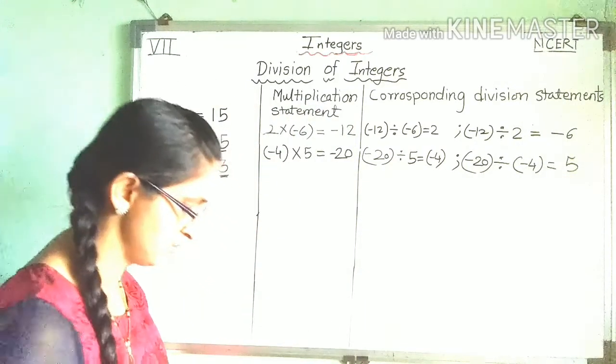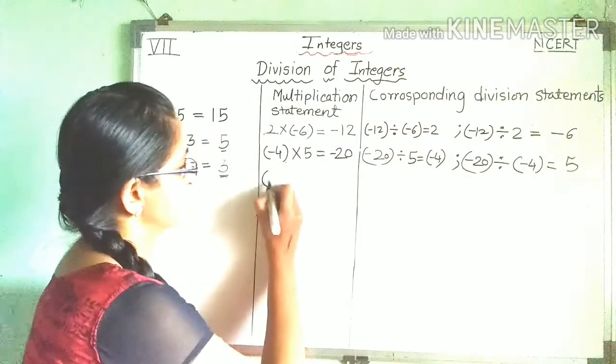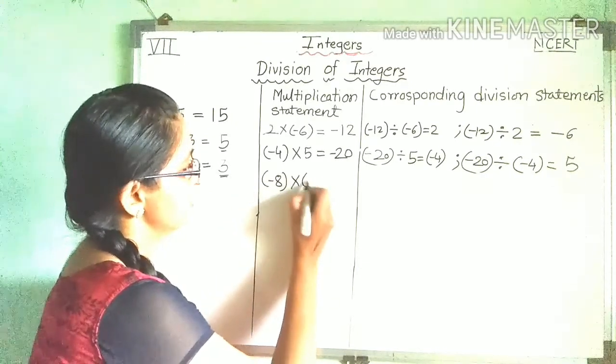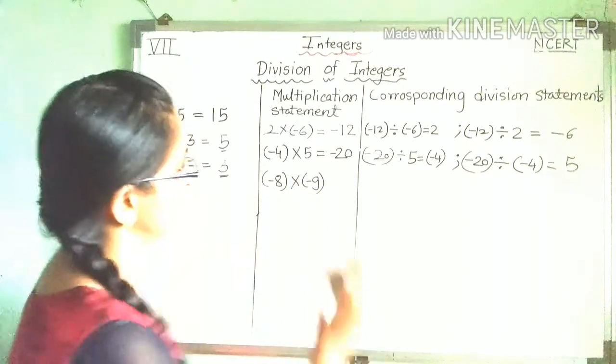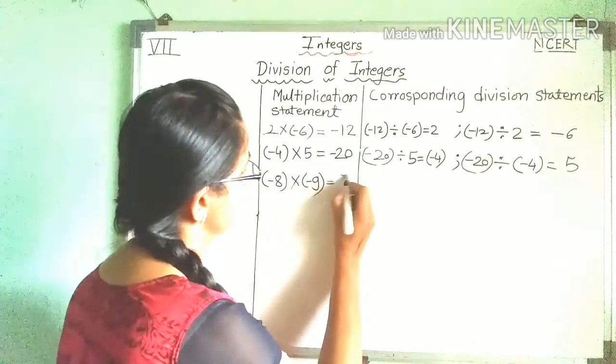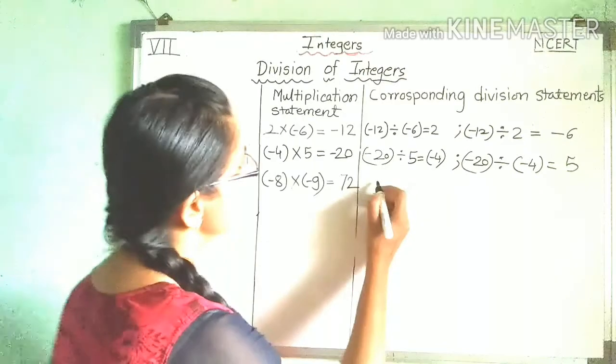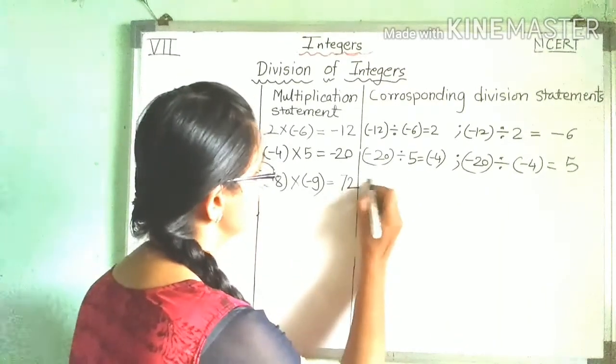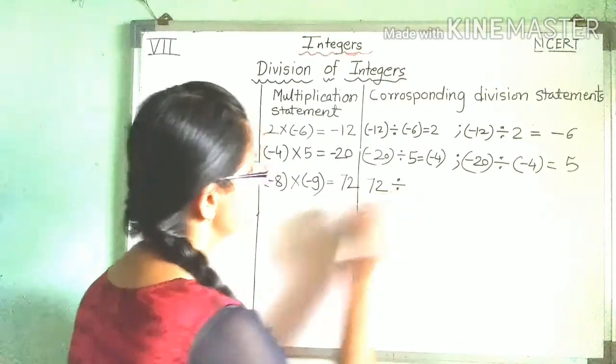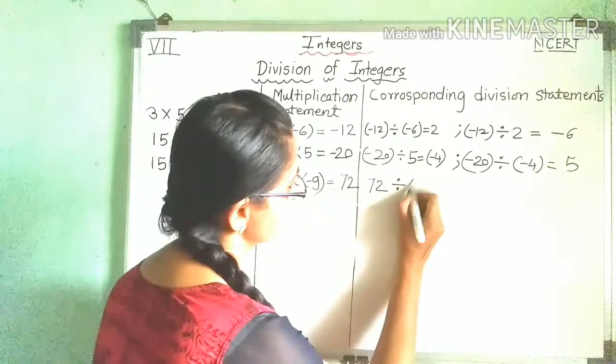The next example is minus 8 into minus 9. The product is 72. So the corresponding division statement is 72 divided by minus 9.